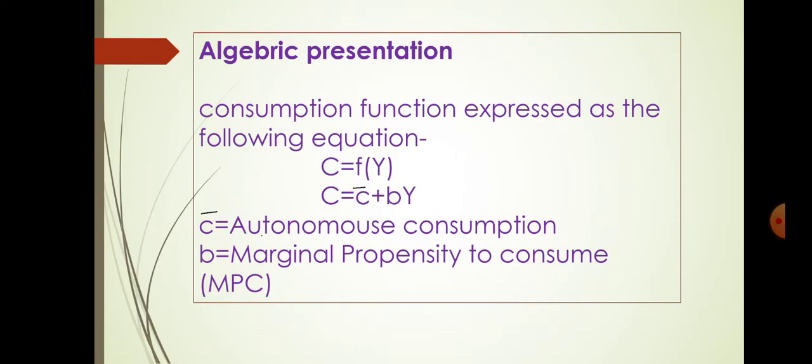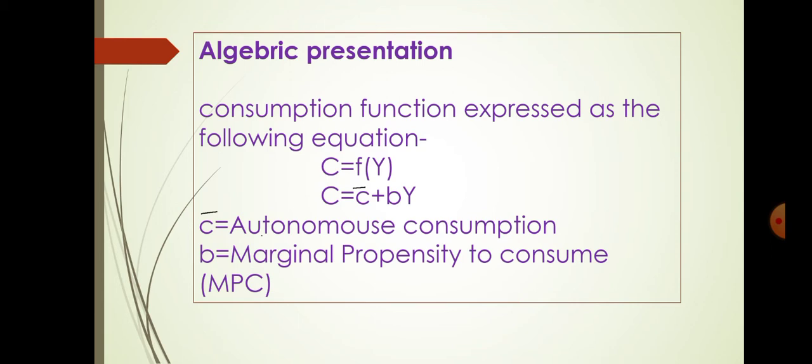Consumption function can also be shown in algebraic form. We can write the formula of consumption function, C is equal to function of Y. Already I have shown that. And after expanding this formula, we find that C is equal to C bar plus bY.